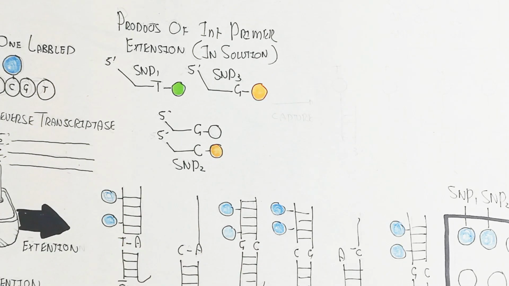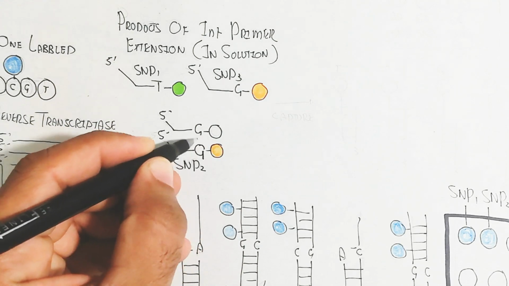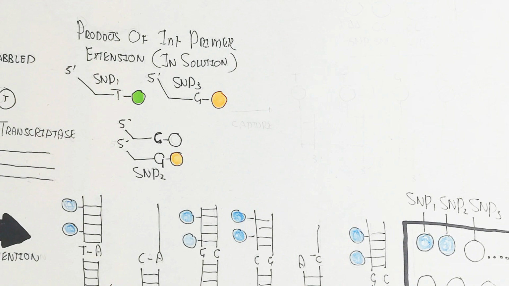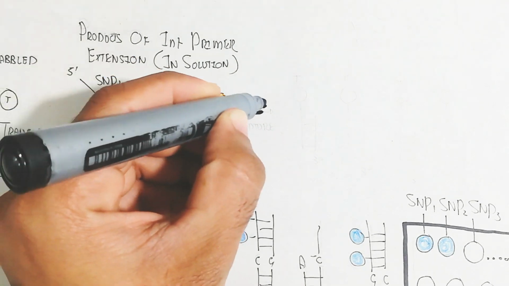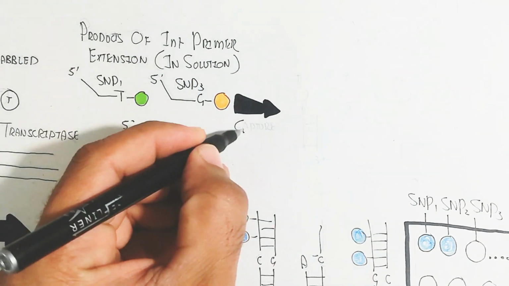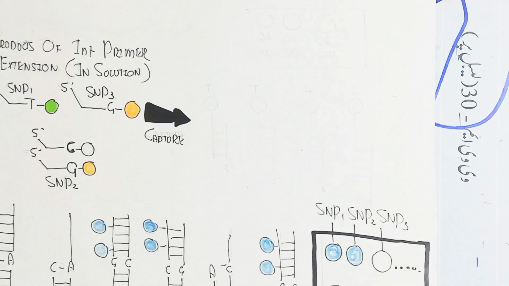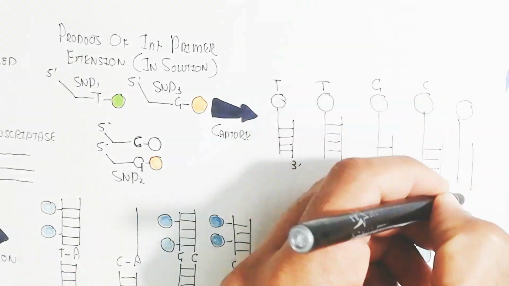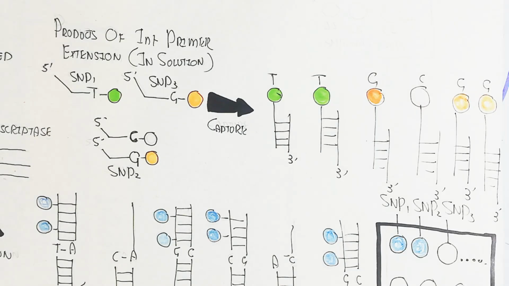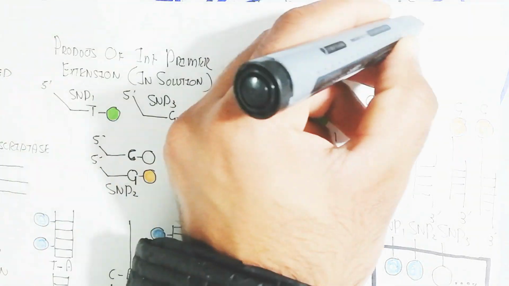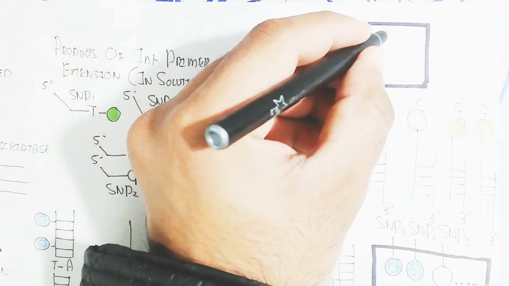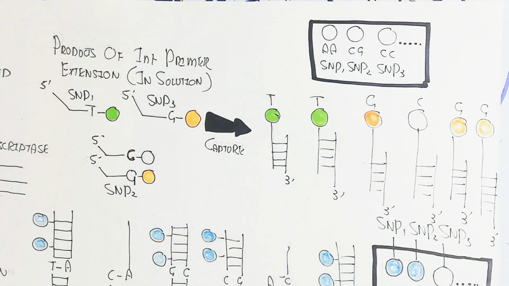So in this way we have gained the products. We again amplify and capture that color for identification, and we can understand where the variation is. The different segments are produced again, so SNP1, SNP2 and SNP3 contain the same color, and in this way we can identify where the color changes.